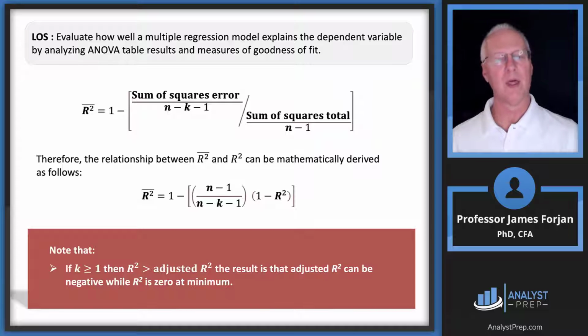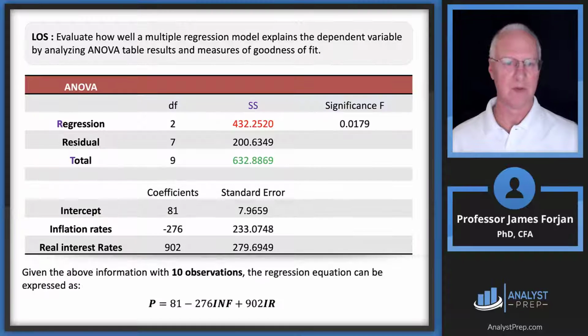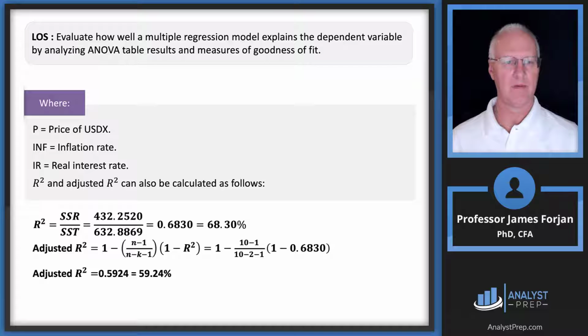Although remember, the LOS doesn't exactly ask you to compute the adjusted R square from the R square, but the reading does go through an example. I remember going through all these when I was preparing for the exams, and I just thought, I'm better off memorizing more formulas than fewer formulas. So you guys pick. But there you go, the adjusted R square, 59, almost 60%. So you have an R square of 70 and an adjusted R square of 60%.